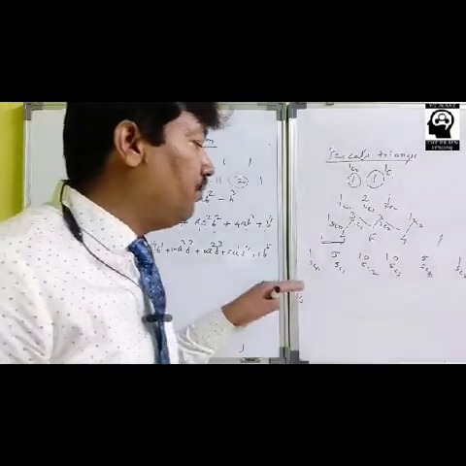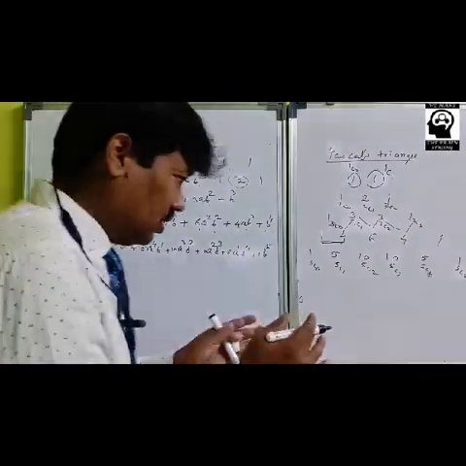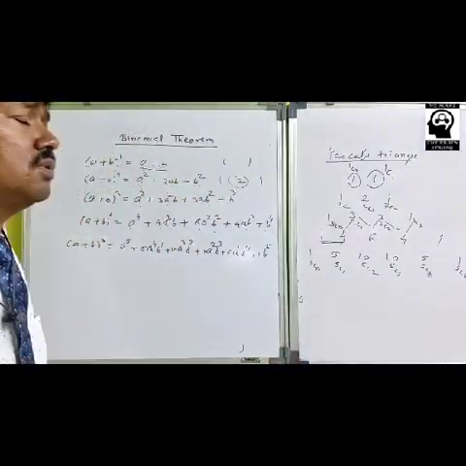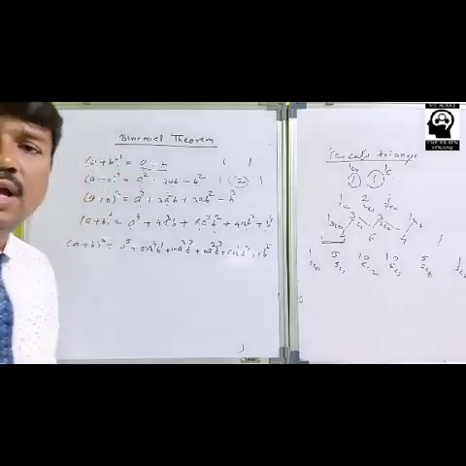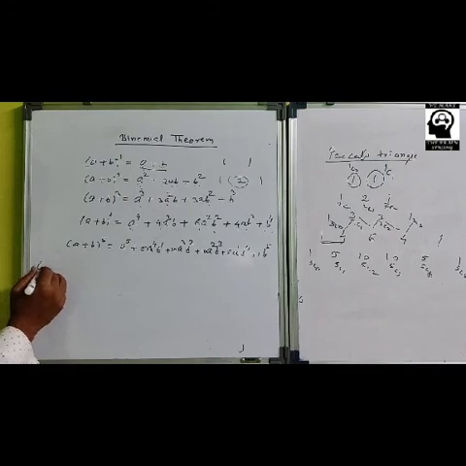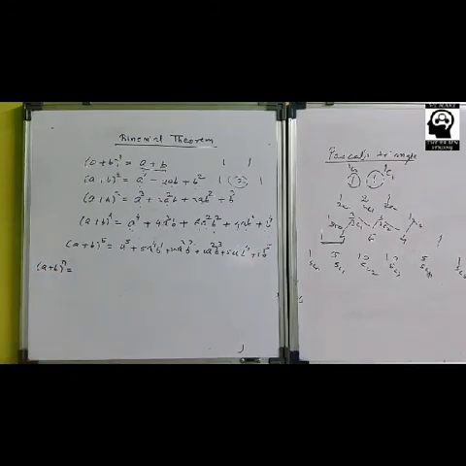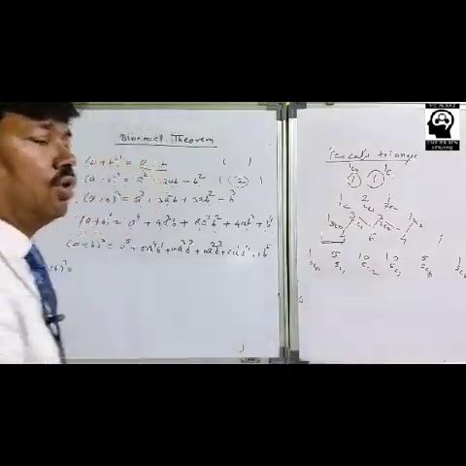So in this expression, can we write the general formula for (a + b) raised to n? Yes, we can. If you observe, the coefficient index is always 0, then 1, then 2, up to whatever the power is.